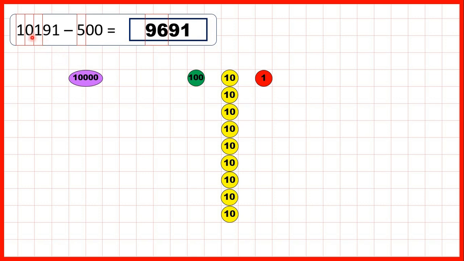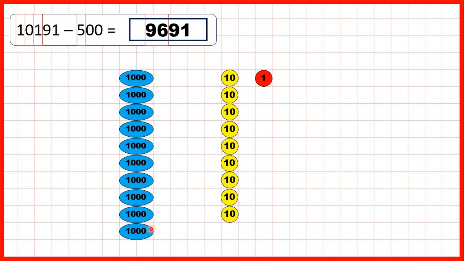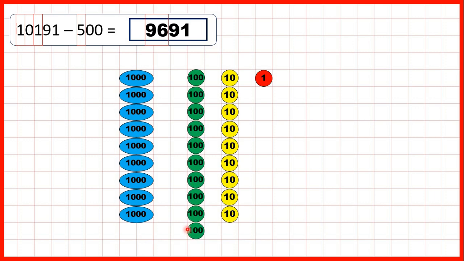But then we had 10,191, which we've shown here, but we needed to subtract 500. Now we can subtract one 100 counter, but then to get more 100 counters, we need to exchange. We can exchange our 10,000 counter for 10 1,000 counters, and then we can take one of those 1,000 counters and exchange it for 10 hundreds.